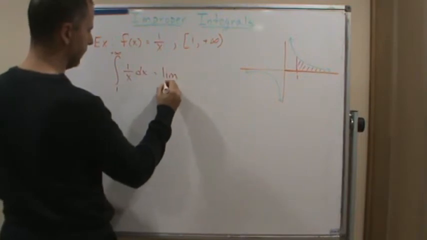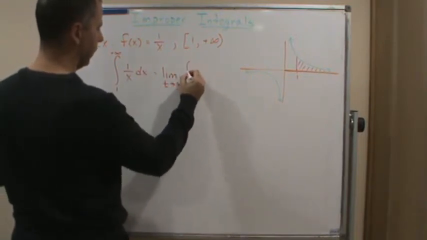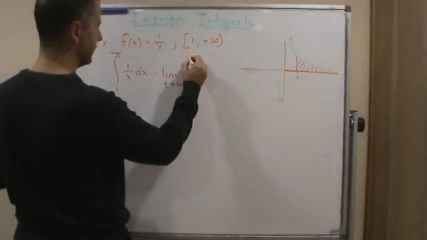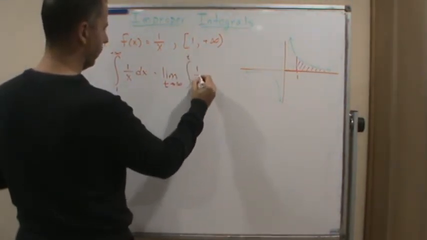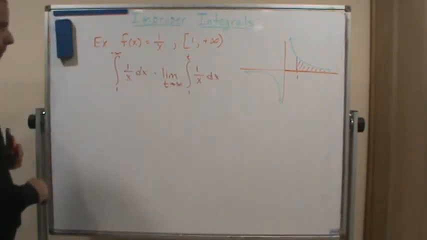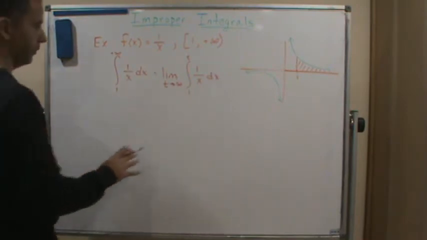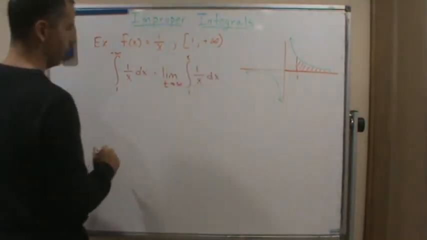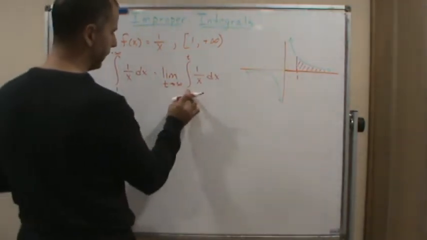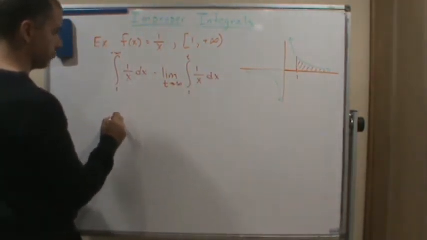So we're going to take the limit as t approaches positive infinity of the integral from 1 to t of 1 over x dx. Okay, so now all I'm doing is applying the definition. So now I'm going to evaluate this. Before I evaluate it, I'm going to integrate, right? So now let's integrate this.